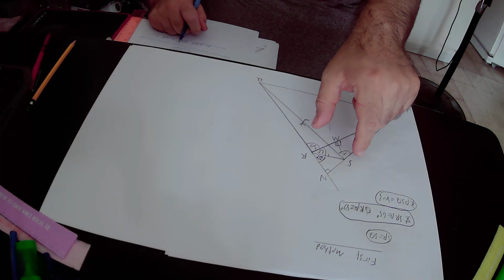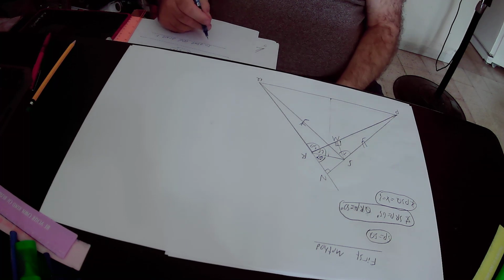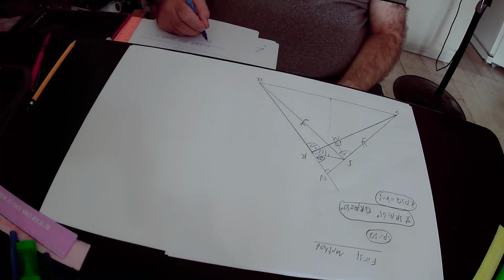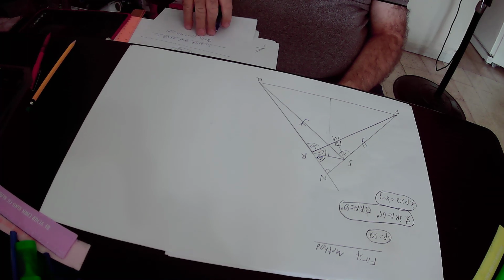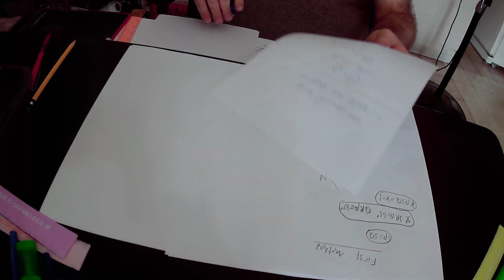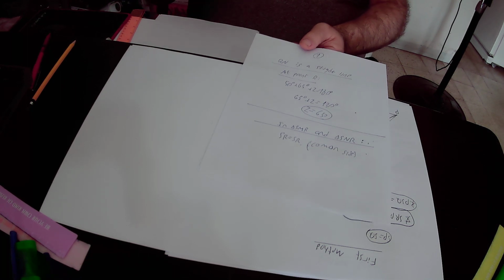SR belongs to both triangles, so we can write that SR equals SR, it is a common side that belongs to both triangles.